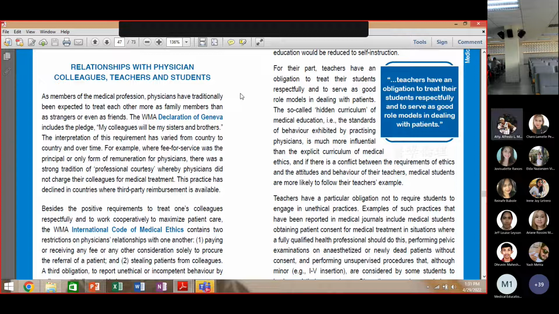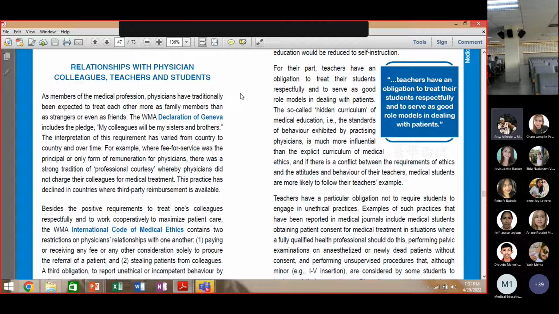Under the World Medical Association, the Declaration of Geneva includes the pledge, my colleagues will be my sisters and brothers. The Declaration of Geneva, class, is where the Hippocratic Oath is inculcated. It is like an oath to guide physicians all over the world.